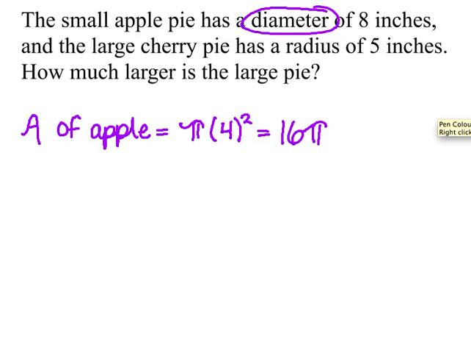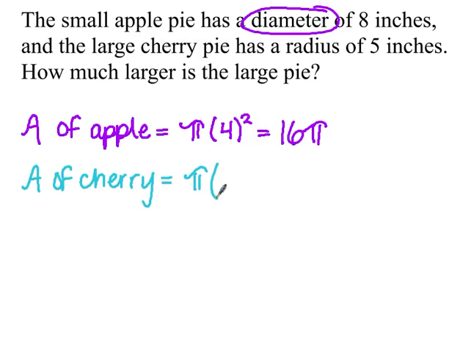Okay? Let's look at the area of the cherry pie. The area of the cherry pie will be pi times what? 5 squared, because that's the radius of the cherry pie. So this would be 25 pi. Now they want to know how much larger is the large pie.